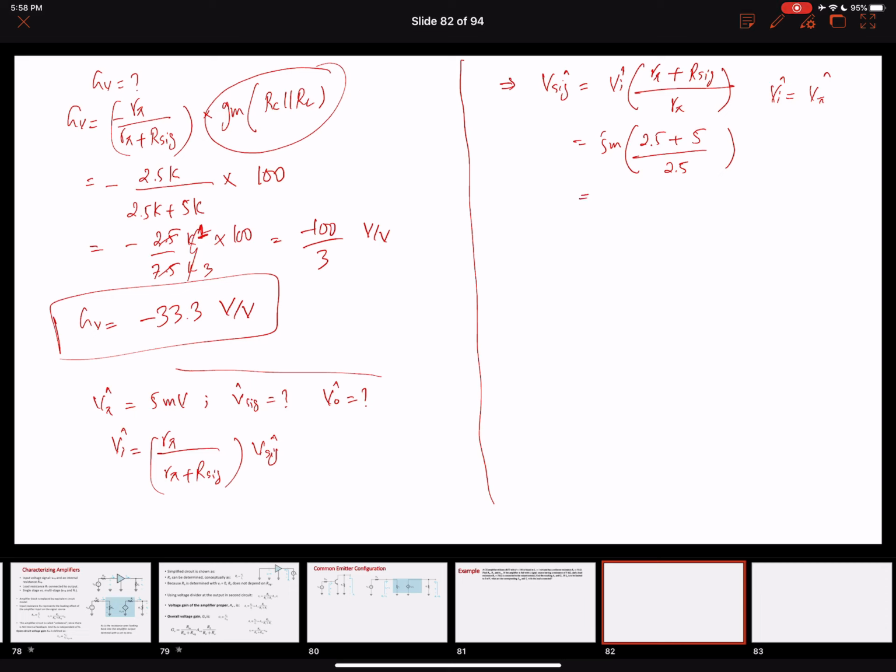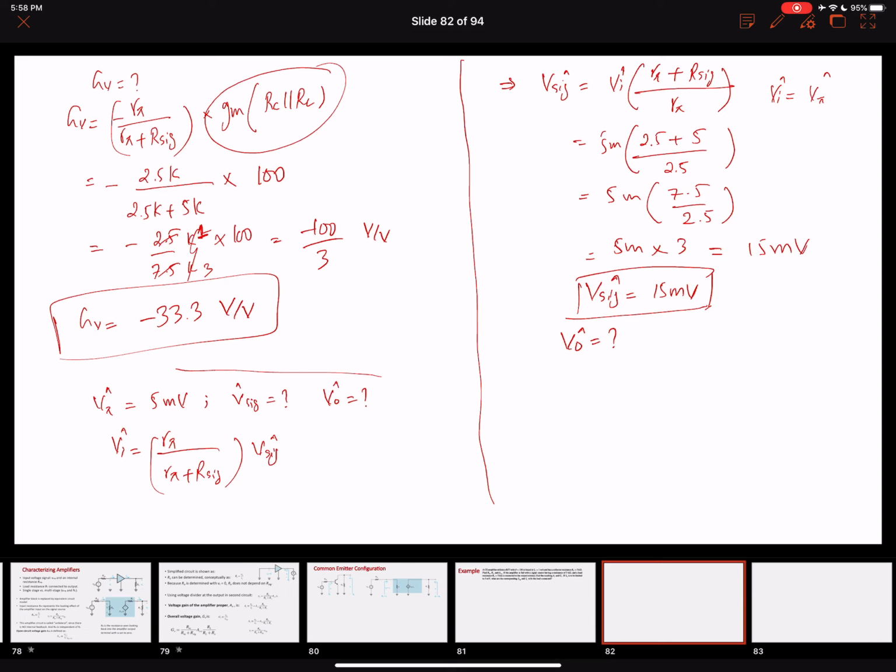So this will be 5 milli into 7.5 divided by 2.5, which is 5 milli multiplied by 3, so it comes out to be 15 millivolts. So our V signal will be limited to 15 millivolts. Now let's find the value of V naught.